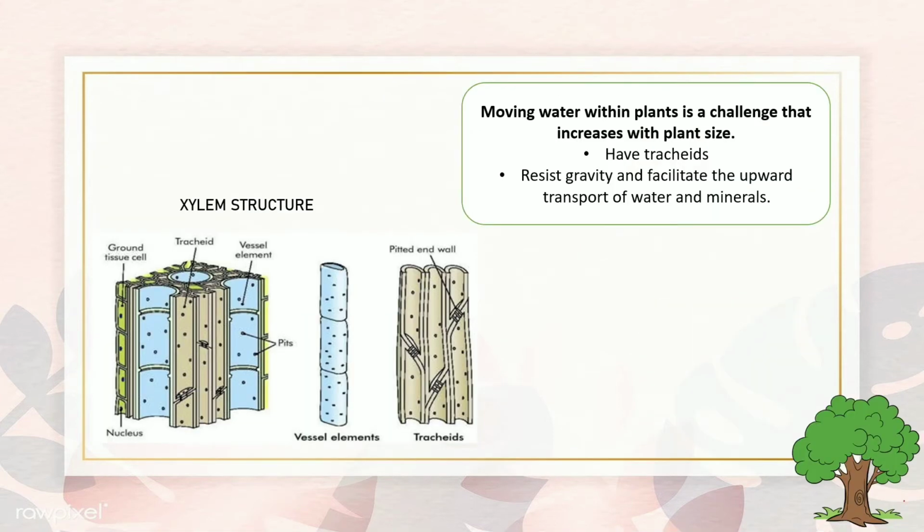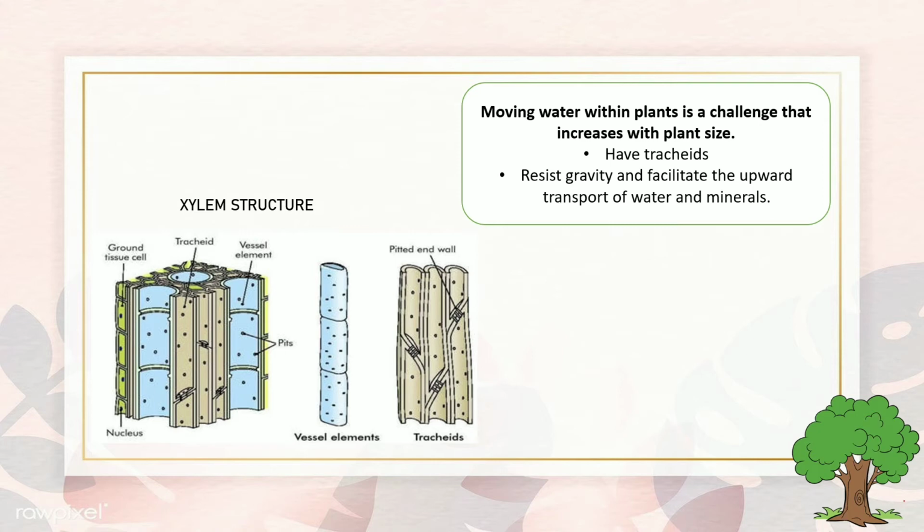Next, moving water within plants is a challenge that increases with plant size. It means that the bigger the plant, the bigger the challenge to transport water through the plant. Picture the height of moss compared to the height of a redwood tree. The different members of the land plants can be distinguished based on the presence or absence of tracheids, which are specialized cells with protein that resist gravity and facilitate the upward transport of water and minerals.